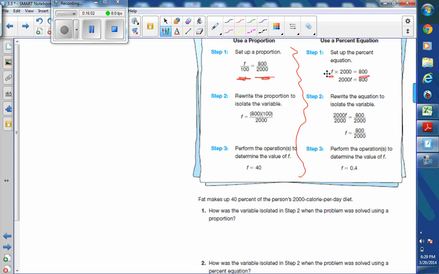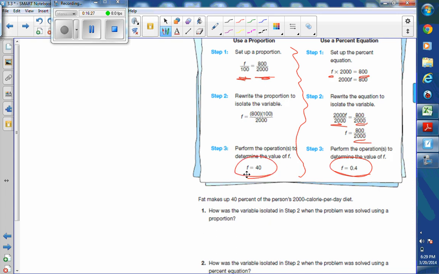So you do 2,000 times F equals 800. Isolate your variable by dividing each side by 2,000. Then you get F is 800 over 2,000, which is 0.4, and we know that 0.4 is really 40% if you turn it back into percents.